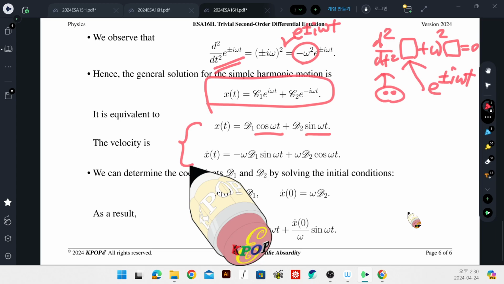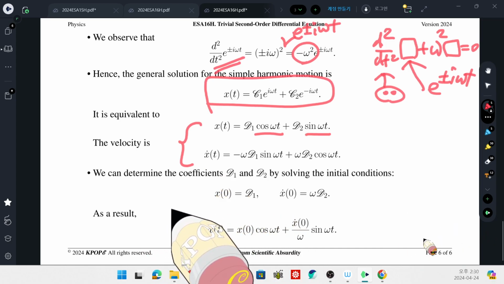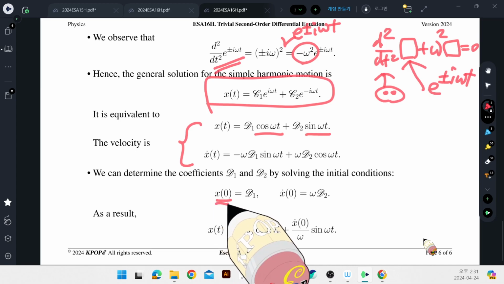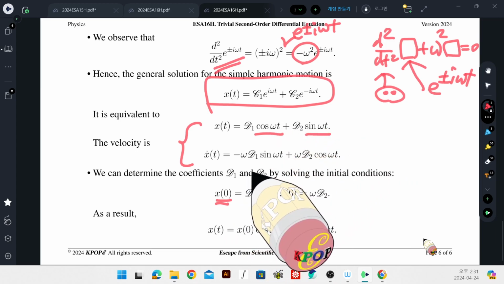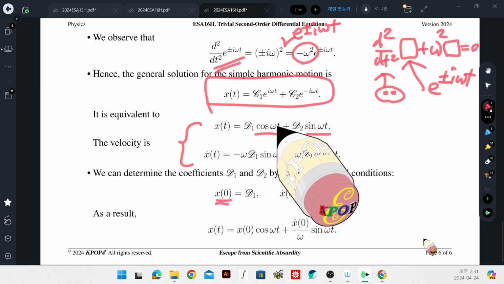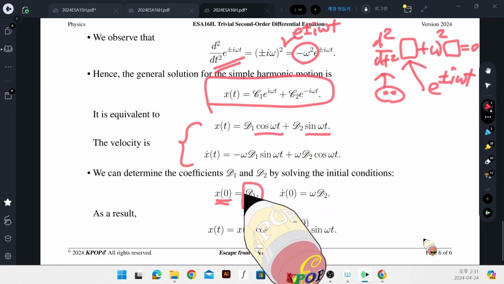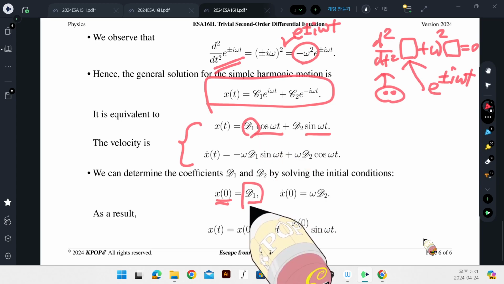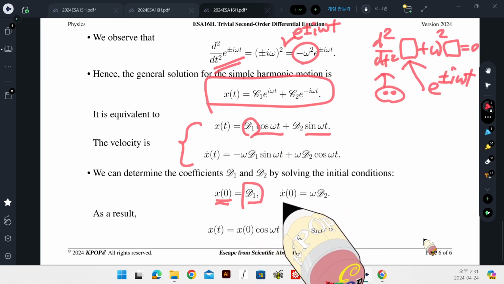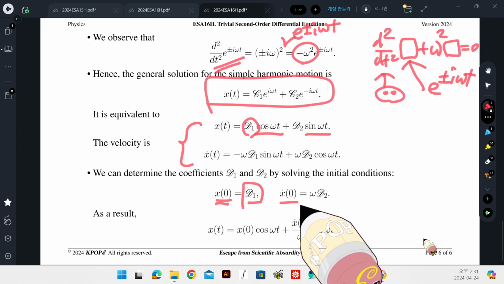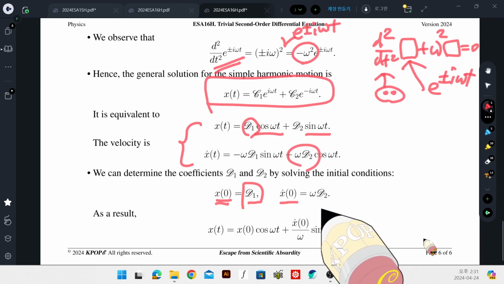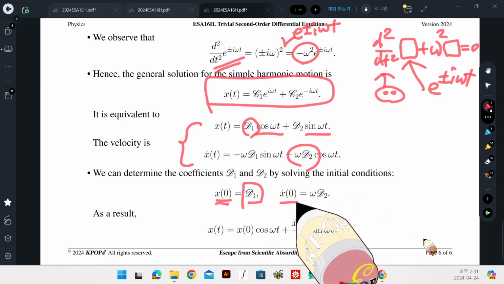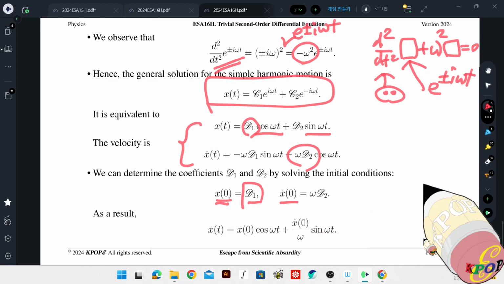So using this, why don't we apply the initial condition, the initial position at t equals 0, where sine disappears and cosine becomes 1. If I substitute 0, then it is d1. d1 represents the initial position. And what about the first order derivative evaluated at t equals 0? Then we have omega d2. So omega d2 is the initial velocity of the mass.